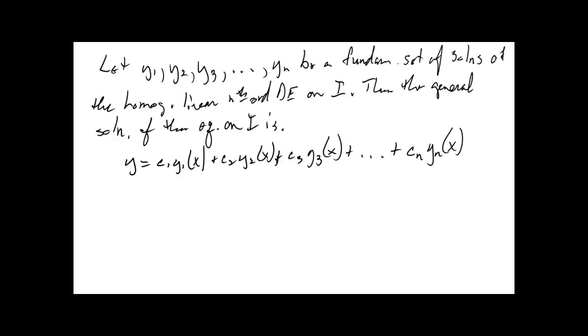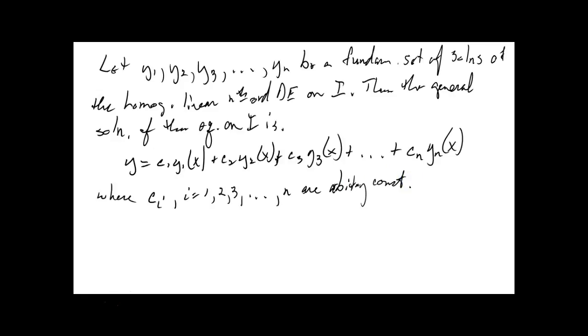Now, where the C sub i, for i equal 1, 2, 3, up to and including n, are arbitrary constants. I'm abbreviating like crazy.